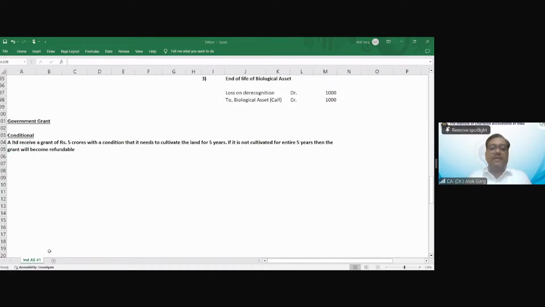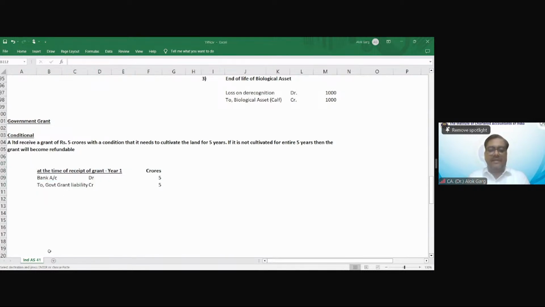So what is the accounting entry at the time of receipt of grant, in year 1? Bank or cash account debit to government grant liability. Very good. And at the end of second, third, and fourth year, what is the entry? No entry.